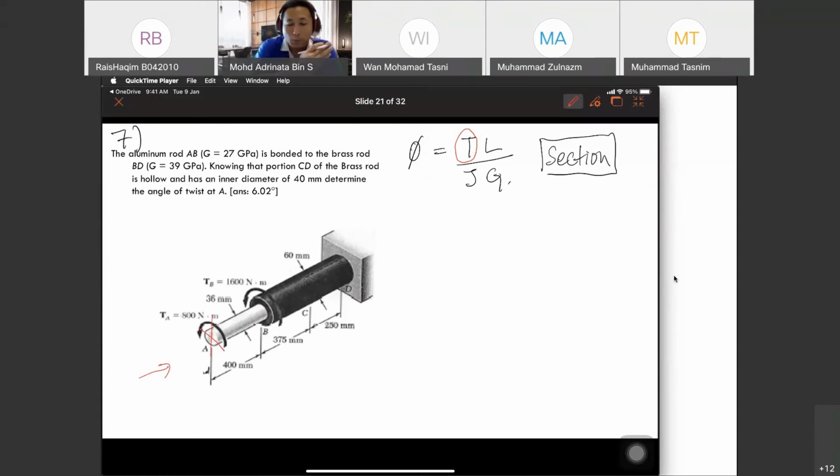And then you move through the beam, no change of torque or additional of torque until you at B here. So there are additional torque. So ada perubahan torque di situ. So perubahan torque di situ menyebabkan yang ini adalah section 1.